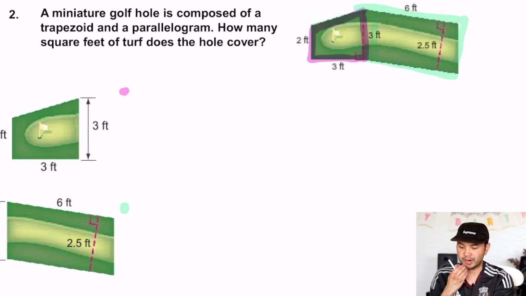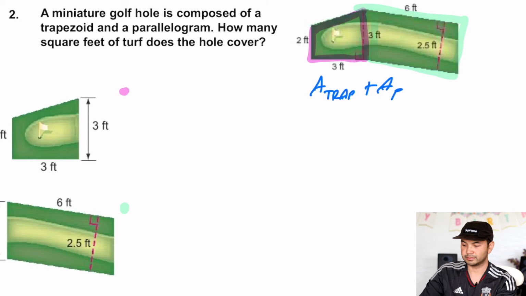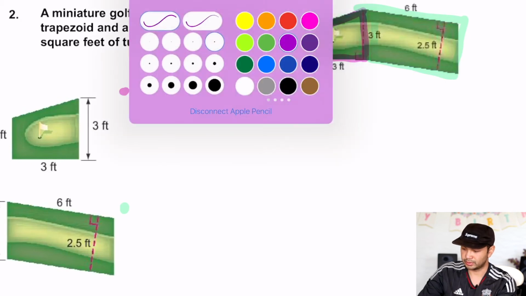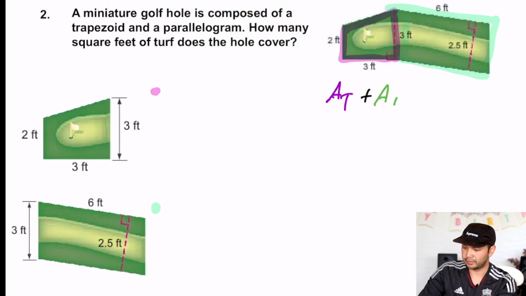So the area of this whole thing is going to be area of the trapezoid, which I'll do in purple, plus the area of the parallelogram.